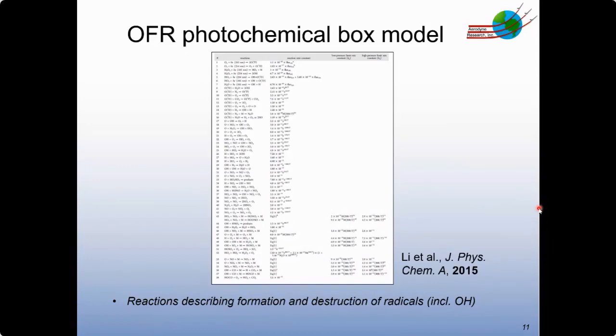And I don't intend to go through every reaction that's shown here, but just to illustrate that there's a lot of reactions that describe the formation and the decay of individual radicals, including OH, but not limited to OH.